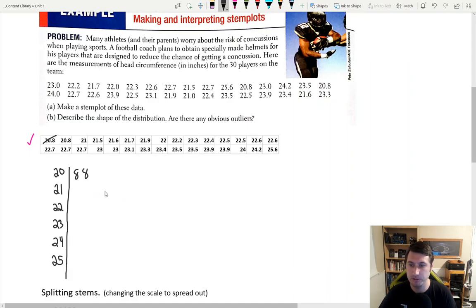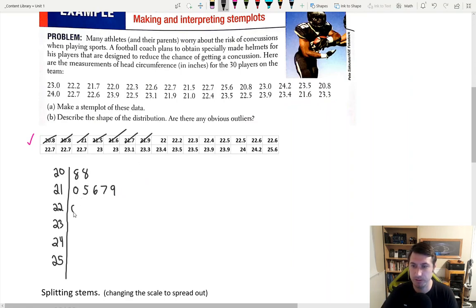Now this part you want to try and space these out evenly for each one. That way your picture will show you the overall shape. Now 21, there is a 0.0 there, so I do need to put the 0.0. 21.5, 21.6, 21.7, 21.9, and now 22 is the next one.